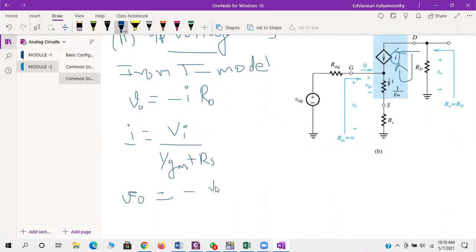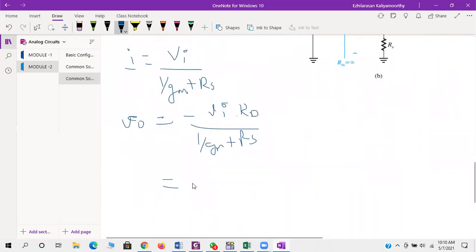So we'll get minus VI into RD, divided by, because this is the I value, right? I value 1 by GM plus RS.